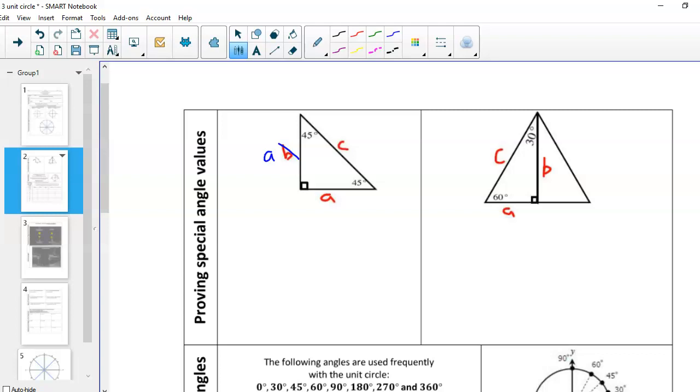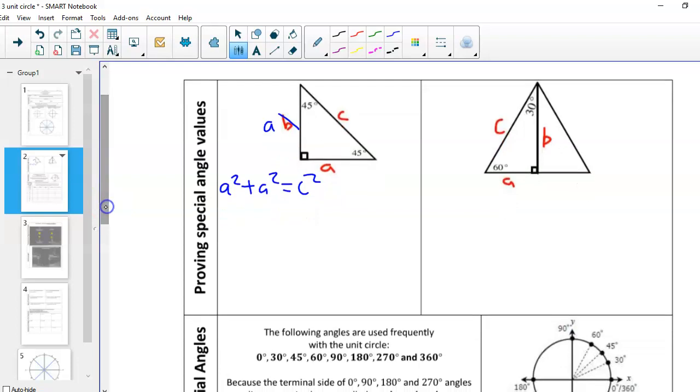How do we solve for the lengths of a triangle? Pythagorean Theorem. So if we were using Pythagorean Theorem with the variables we have now, that would be a squared plus a squared is c squared. So we could combine these two.